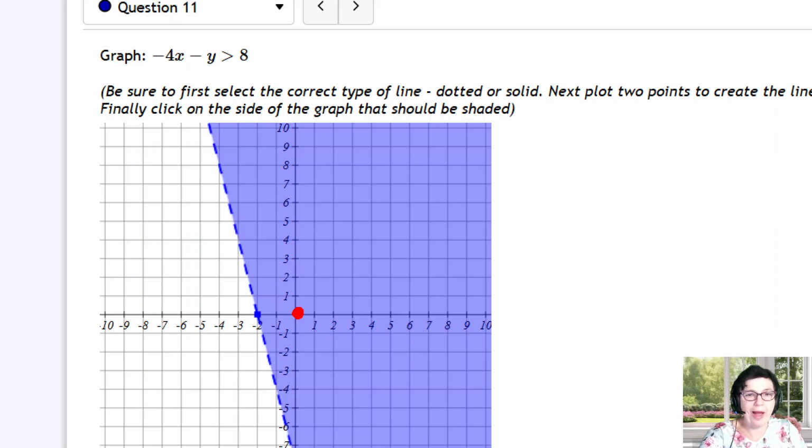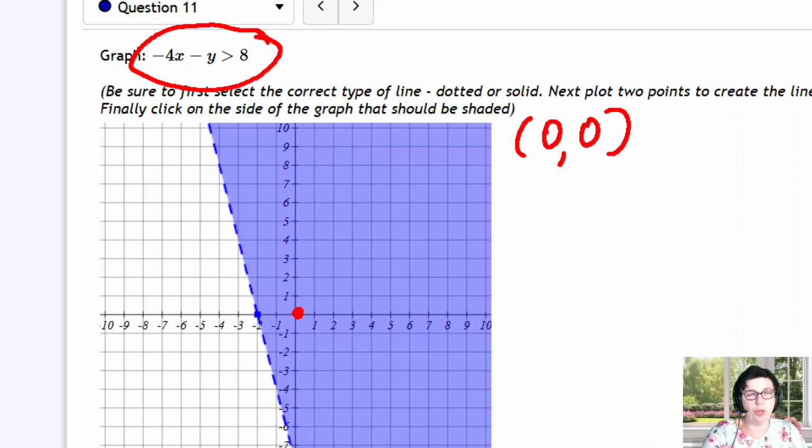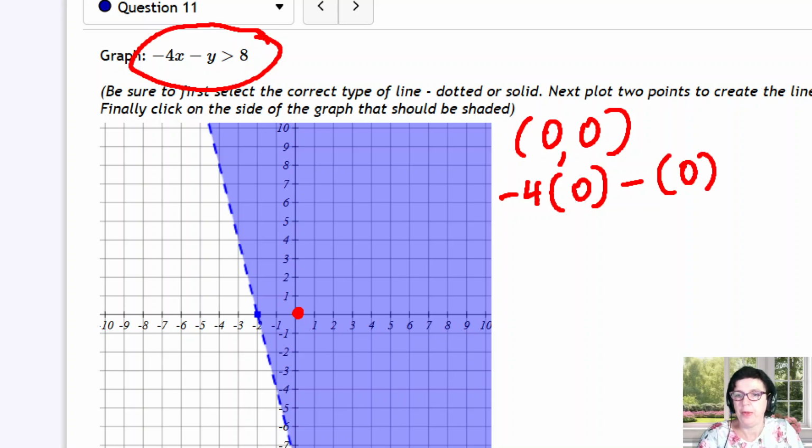Now we have to go back to our inequality right here, and we want to replace. So I'm taking the point 0, 0, and I'm going to ask myself, do I get a true statement or not if I replace x with 0 and y with 0? So let's do that. Negative 4 times (0) for x minus (0) for y. Is that more than 8? Yes or no?